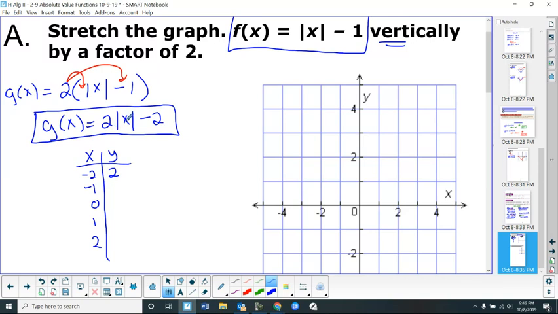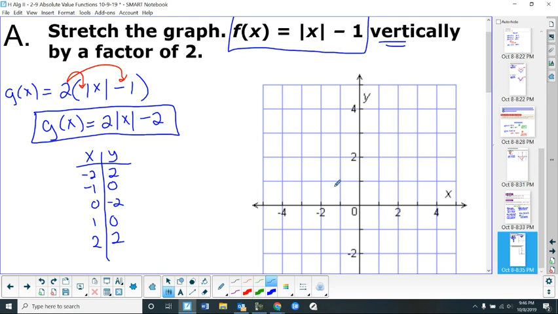Absolute value of -1 is 1, times 2 is 2, 2 minus 2 is 0. Plug in 0. Absolute value is 0, times 2 is 0, minus 2 is -2. Plug in 1. Absolute value of 1 is 1, times 2 is 2, minus 2 is 0. Plug in 2. Absolute value is 2, times 2 is 4, minus 2 is 2.